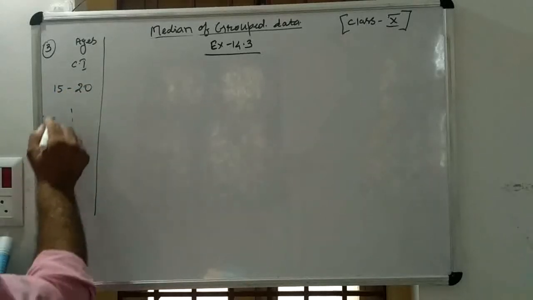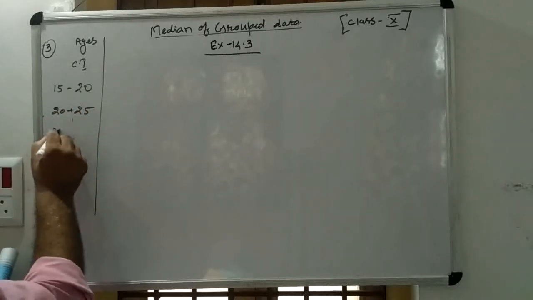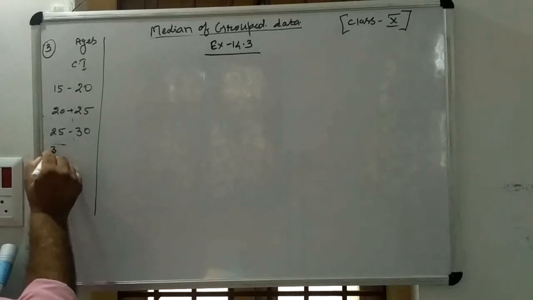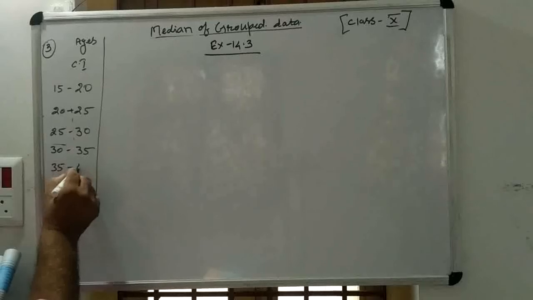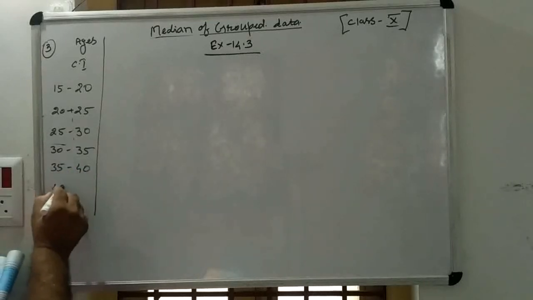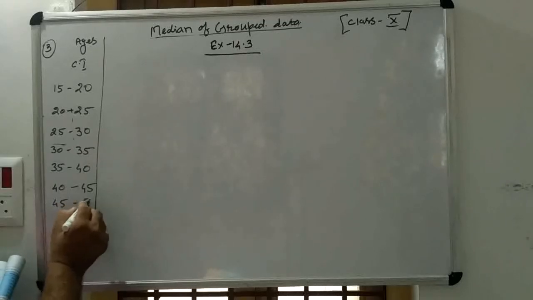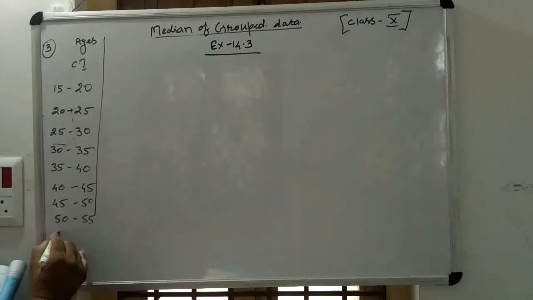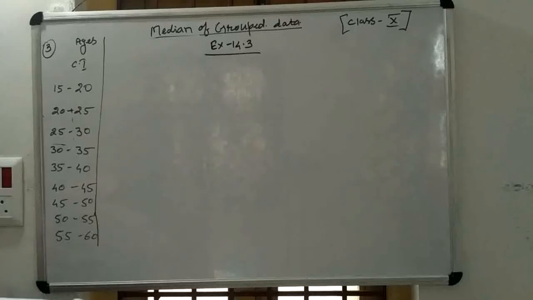Thereafter below 25 is 20 to 25, then 25 to 30, 30 to 35, 35 to 40, 40 to 45, 45 to 50, 50 to 55, and 55 to 60. In this way, below 60 is completed.